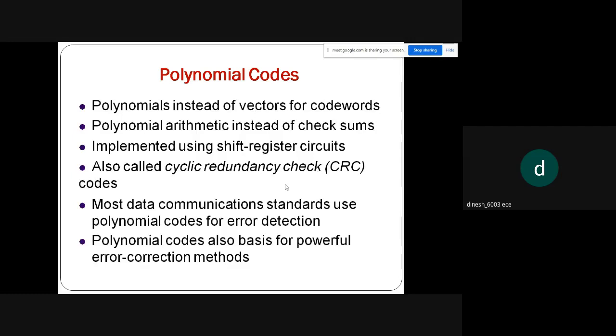We can correct the error only once the error has been detected. In some cases, only error detection can be done by certain codes, and only certain codes can do error detection as well as correction. Keep in mind, detection is different, correction is different.